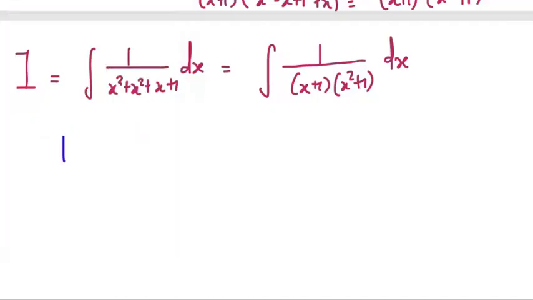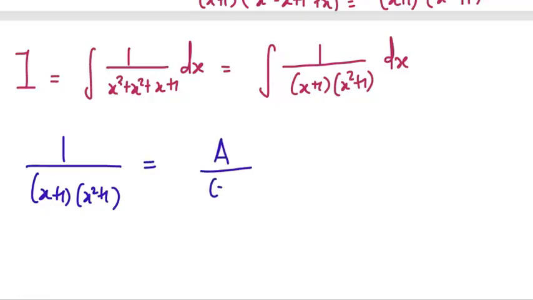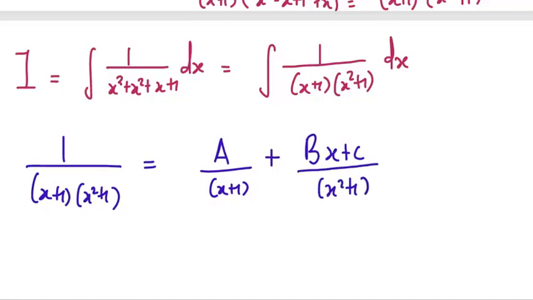So we have 1 divided by x plus 1, right? Multiplied by x squared plus 1. So we're going to have a constant a divided by the first x plus 1, and then plus, remember the next one is a polynomial of the second degree, so we're going to have bx plus c divided by x squared plus 1.